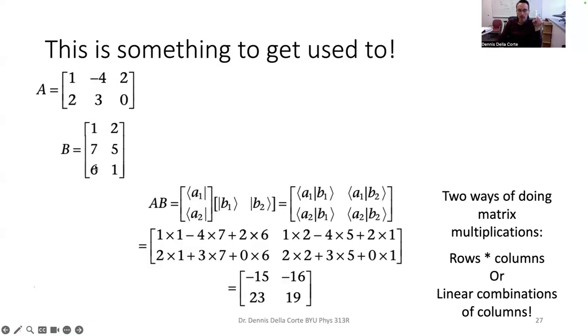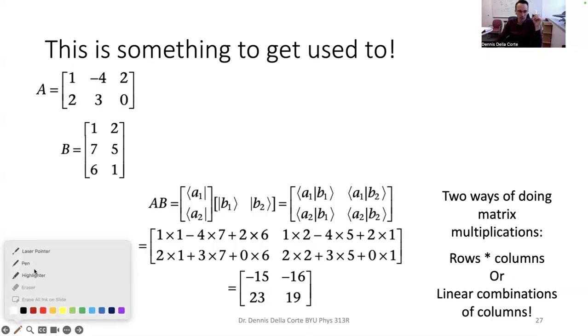Then the 1, 7, 3 is a ket, you write it as B1, and the 2, 5, 1 you write as a ket. Then the multiplication is row times column: that gets you A1B1, A1B2, A2B1, and A2B2. You take all the numbers in A1 and multiply them with all the numbers in B2. So it's this big old rows-times-columns thing, which I'm not so fond of.